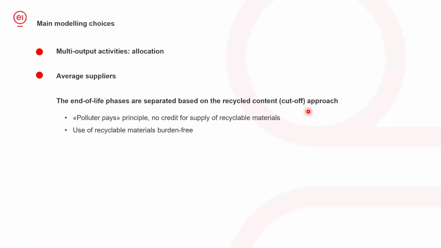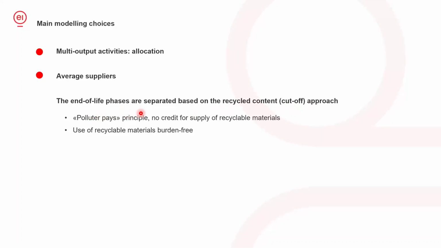First point, multi-output activities: we have allocation. Markets are supplied by average suppliers, and the end of life is separated based on the cutoff approach. That means we have the polluter pays principle.